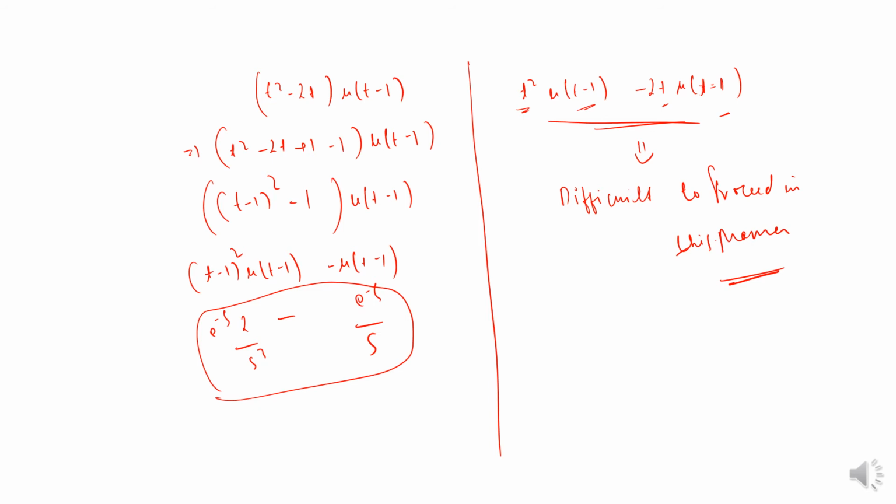So instead of doing this, we are segregating the whole stuff. That t square minus 2t I am writing as t square minus 2t plus 1 minus 1, like t minus 1 whole square. Once we come to this step, we have a delay of minus 1 in both the signal as well as in u of t.